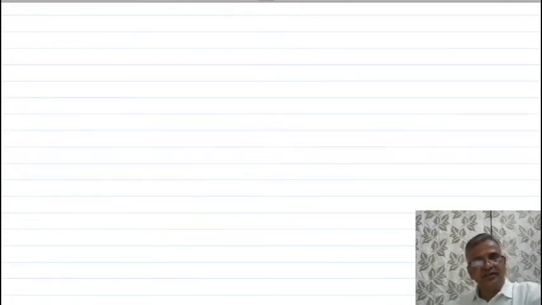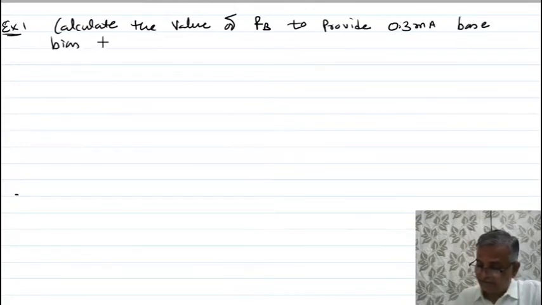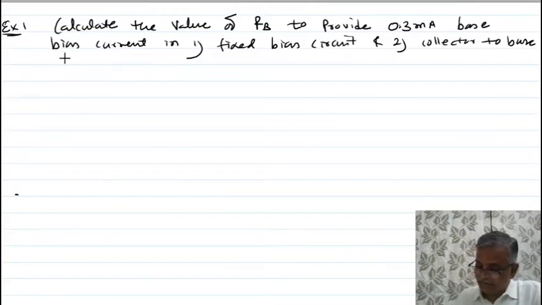Let us see some numericals. Example 1: Calculate the value of base bias resistor to provide 0.3 milliampere base bias current, first in the fixed bias circuit and second in the collector to base bias circuit.